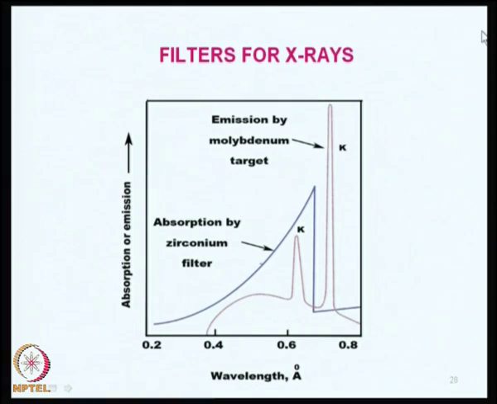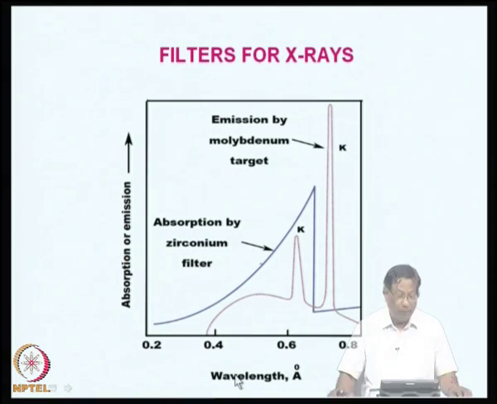They not only eliminate the continuum, but they eliminate the K alpha line also, and you can see in this figure that wavelength is plotted against absorption of emission. So, here I have a filter in this range, between 0.6 and 0.8, approximately around 0.7.